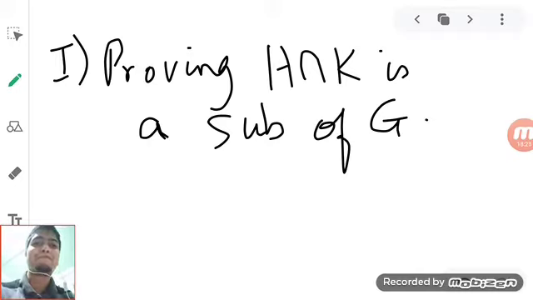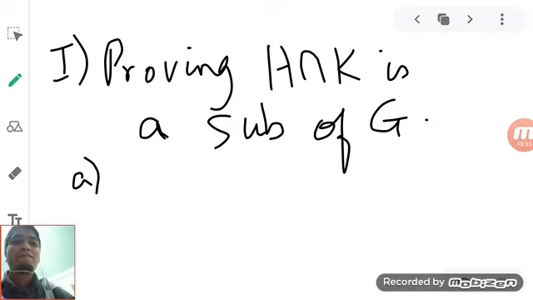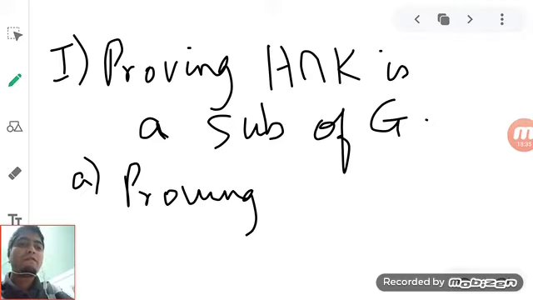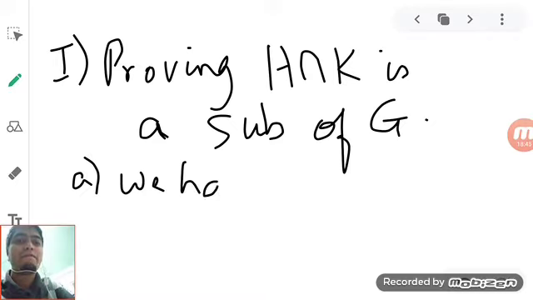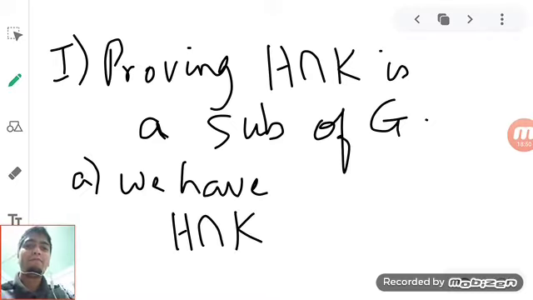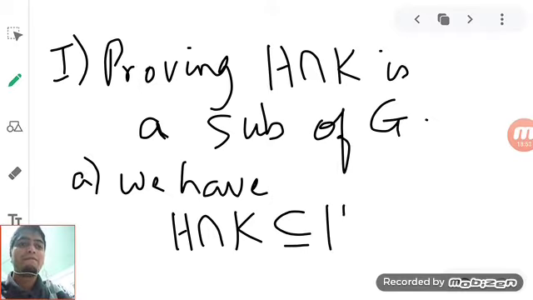Again, if you have to prove that it is a subgroup, we have the three conditions. I think it is best if I just write it down directly. The first condition, that is condition A, we have H intersection K will be a subset of H.